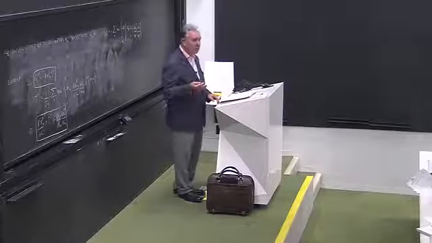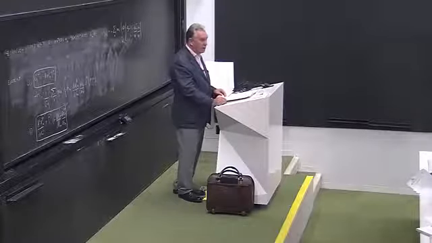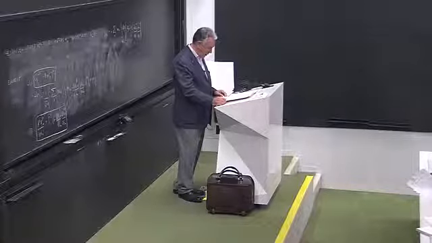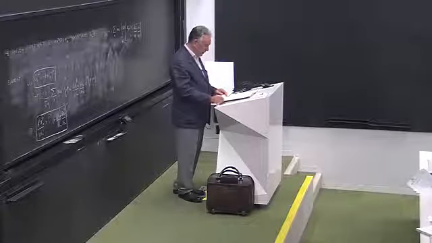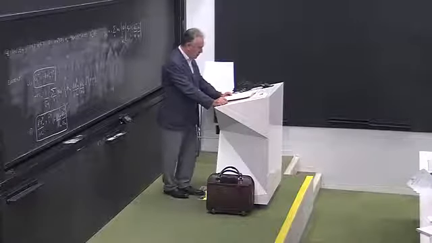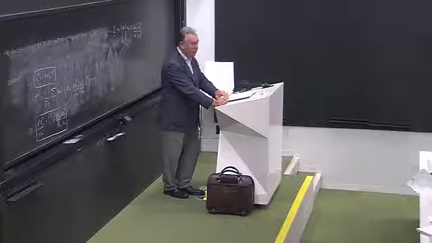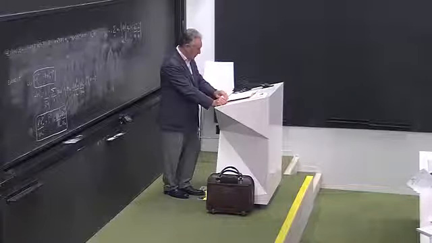Scalar and spin 0 are synonymous, by the way. Scalar is spin 0, spinor is spin half or spin 3 halves, and vector is spin 1, and the graviton is spin 2 in this language.